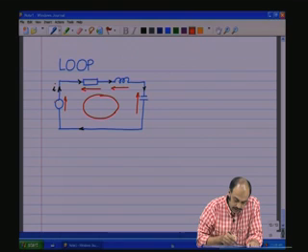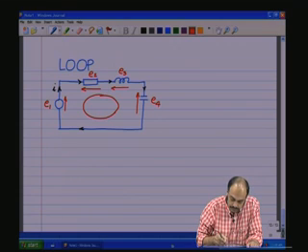So, let us say this voltage is E1, this is E2, this is E3, this is E4. What I mean is E1 is the voltage across this component, E2 is the voltage across this component, E3 is the voltage across the next component, and so on.